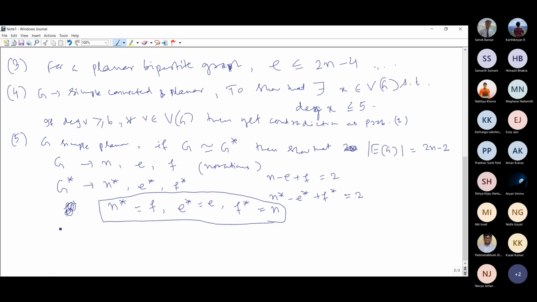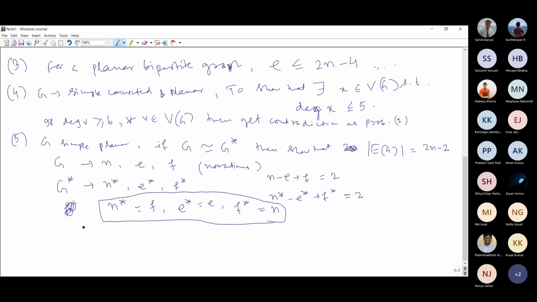Isomorphic means they are exactly the same graph, just maybe drawn in a different manner, a different way. Otherwise, they are the same graph, right? So here you substitute, they have the same number of vertices, edges, faces.